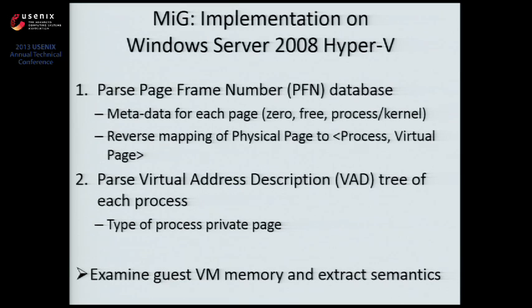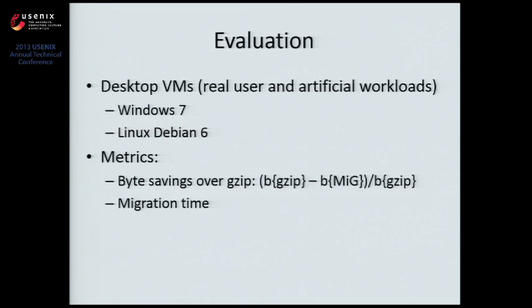These are well documented data structures that we use to extract this information. So this is OS knowledge, but public OS knowledge of how the pages are architected. Once we extract that, we apply the technique for that particular page, and we migrate the page.